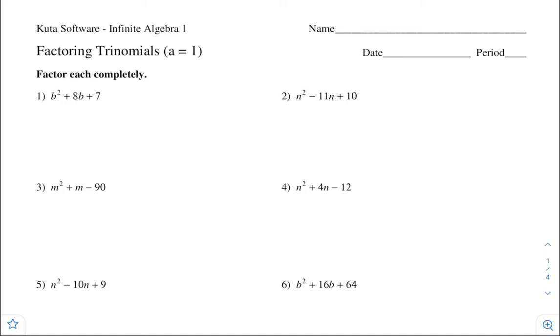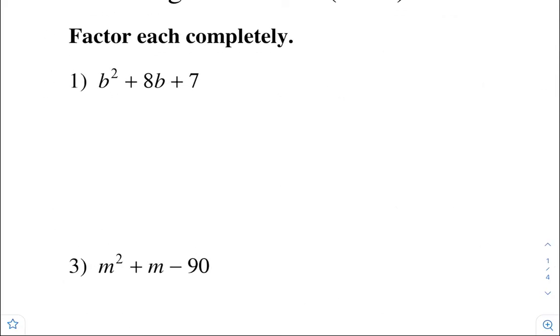If we go over a problem like number 1, we have coefficients of 1, 8, and 7. Remember, when you do your x method, the top is a times c, or the first coefficient times the third coefficient, which is 1 times 7, so that's 7.